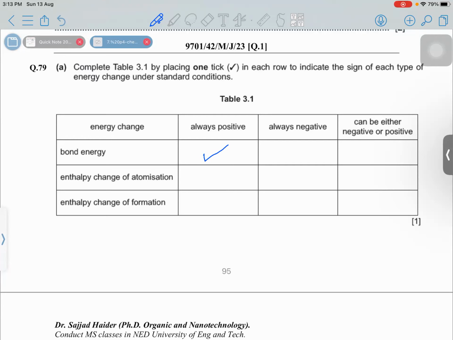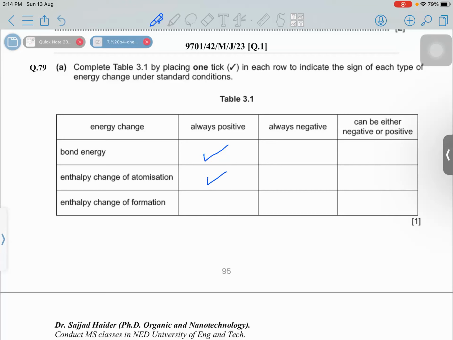It is the enthalpy change when 1 mole of gaseous atoms is formed from the element in its standard state. So endothermic, positive. And what about the formation? Always negative, it's exothermic.